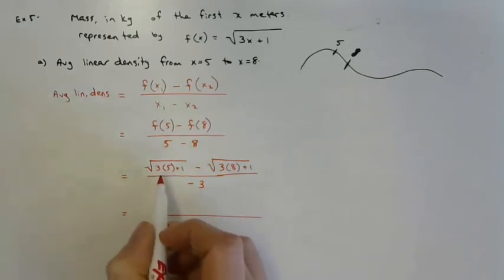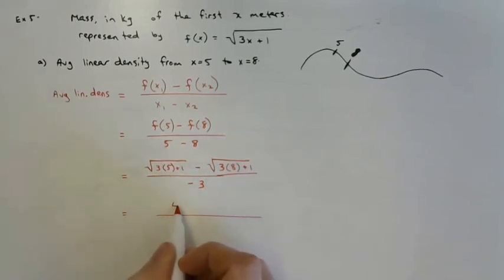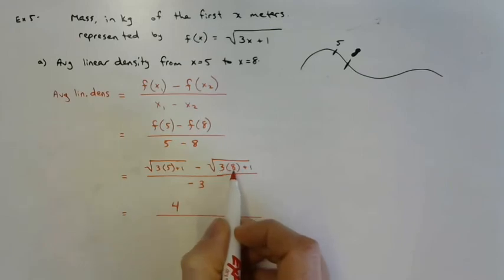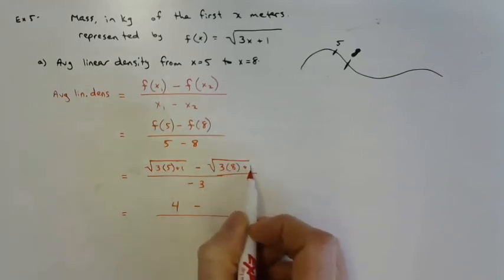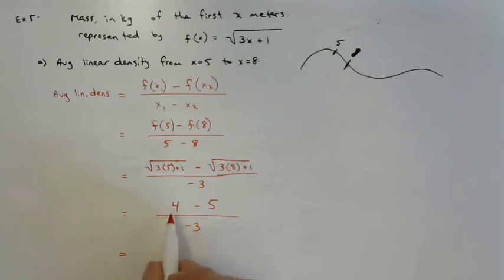The numerator, our roots here are 15 plus 1, which will give us the square root of 16, which is 4. Then we have 3 times 8, which is 24, plus 1, which is 25. The square root of 25 is 5. 4 minus 5 is negative 1. Negative 1 over negative 3 is positive 1/3, or 0.33.